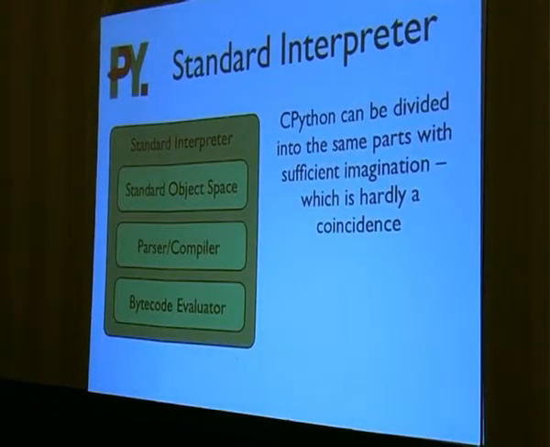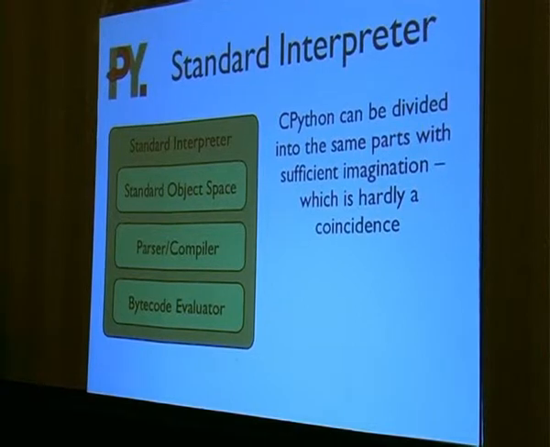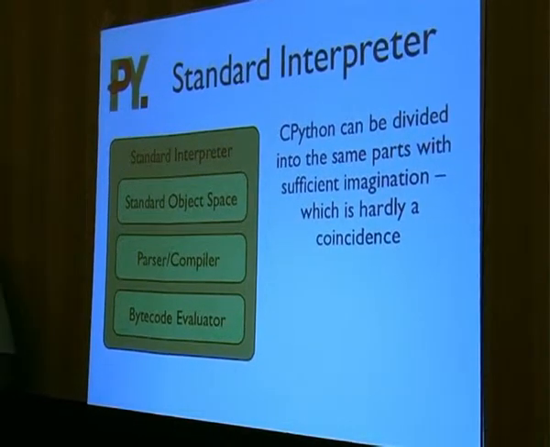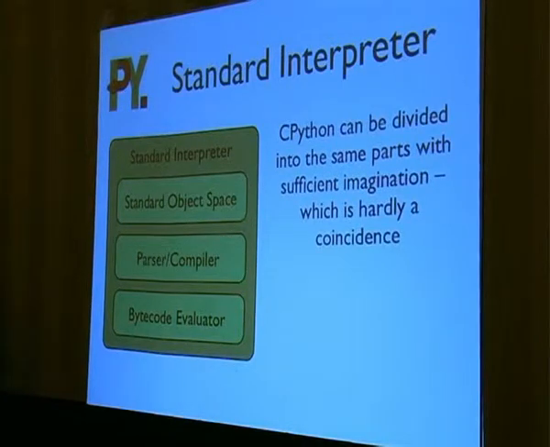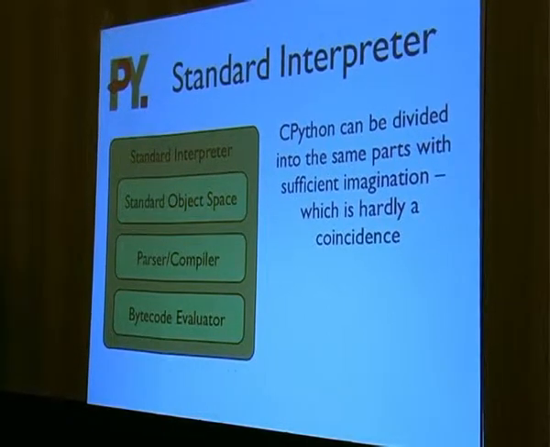Looking a bit more closely at the standard interpreter, you can divide it, conceptually speaking, into three main parts. There's the standard object space, which implements objects that look very much like CPython's: integers, floats, lists, dictionaries, Unicode, and so on. There's the parser and compiler, which does what it says on the tin to some extent, and the bytecode evaluator.